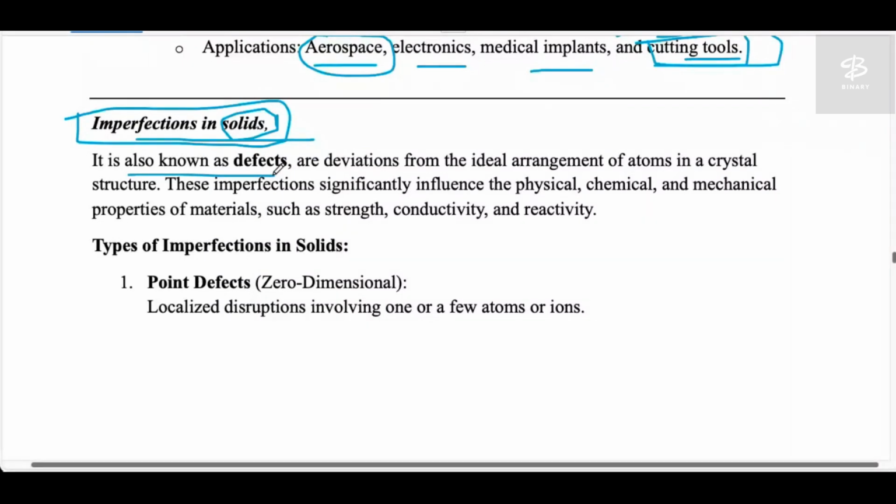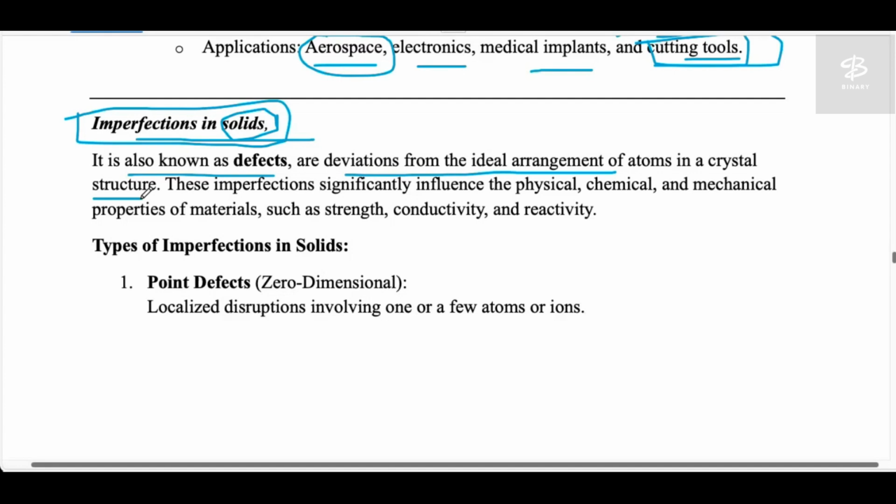Defects mean deviation from the ideal arrangement of atoms in a crystal structure. Whatever we have studied till now, if everything goes well in that fashion, then we can say it is perfect. But as we all know, in nature everything is not perfect.